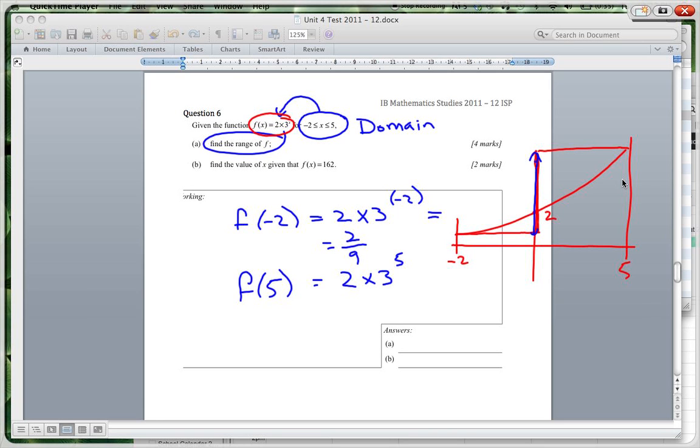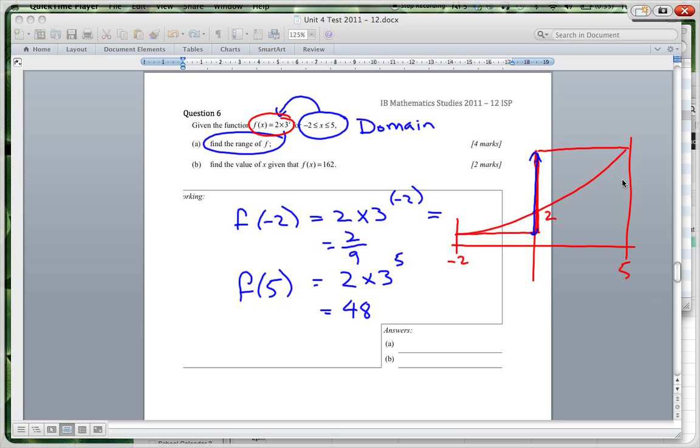That equals about 0.222. And this over here will be 3 to the 5, which is 243. So it's going to be 486.